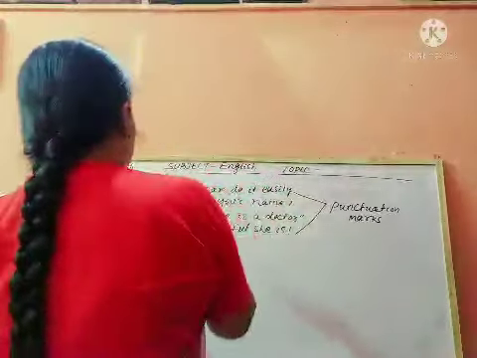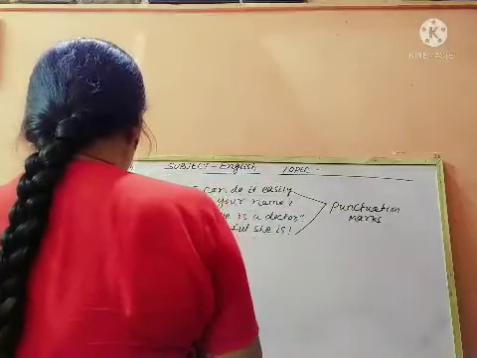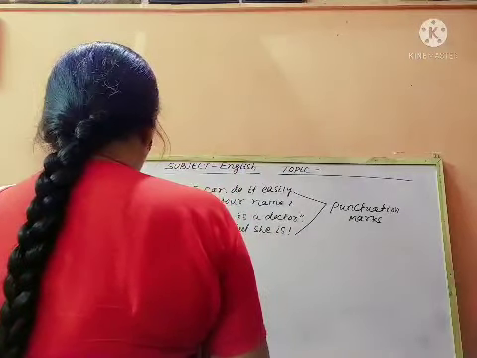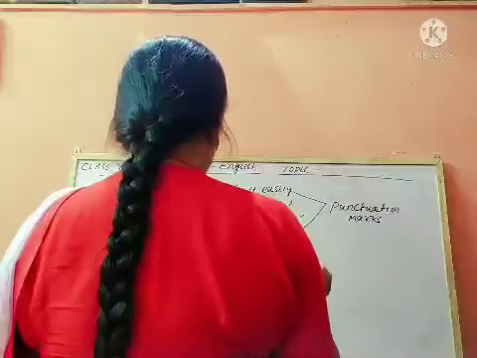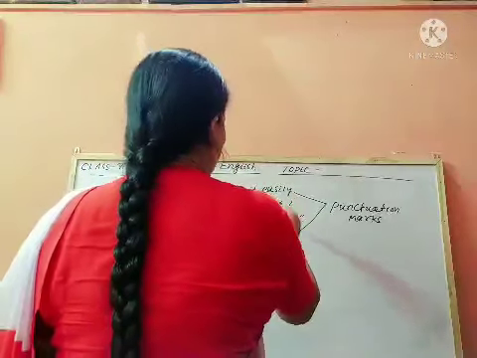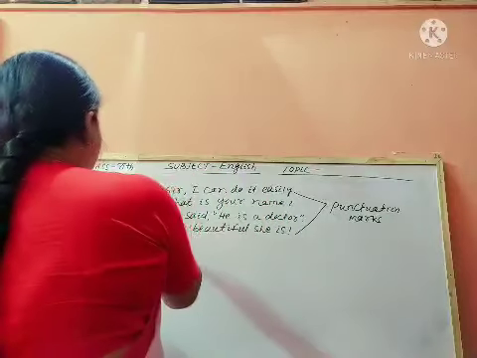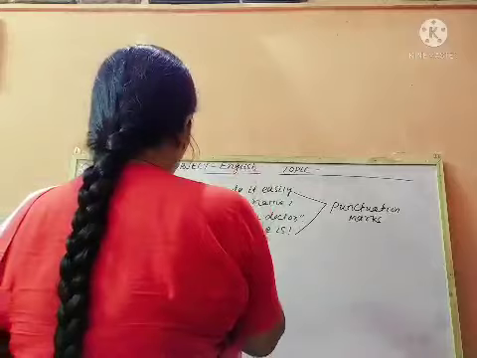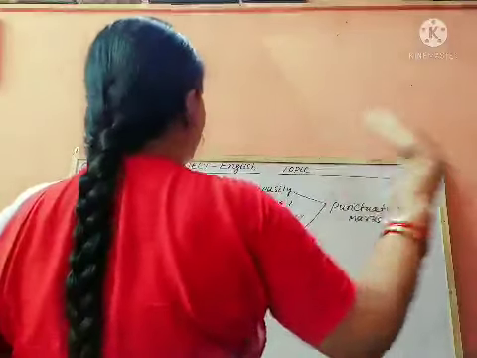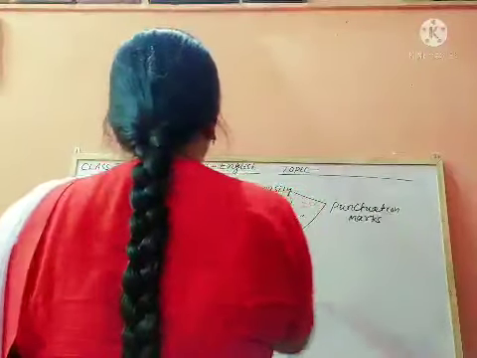In the third sentence, inverted commas and full stop are used to indicate that it is direct speech. In the fourth sentence, in order to express wonder, how beautiful she is.